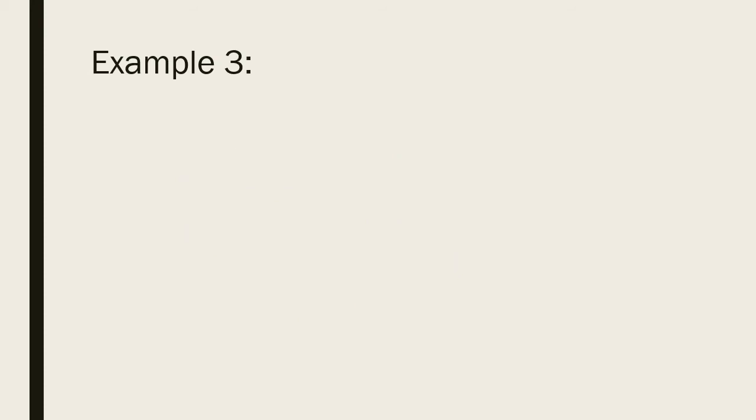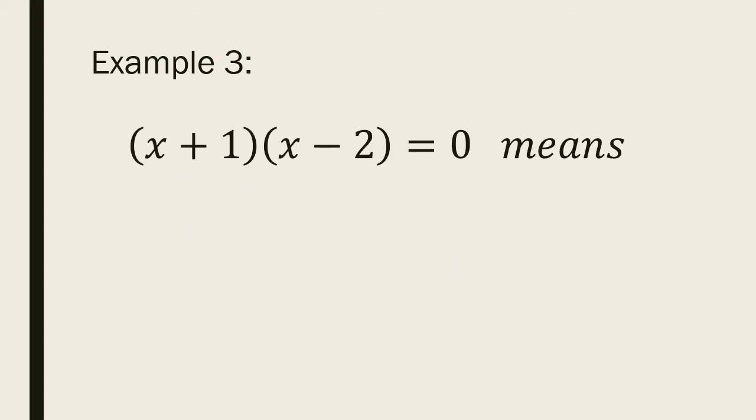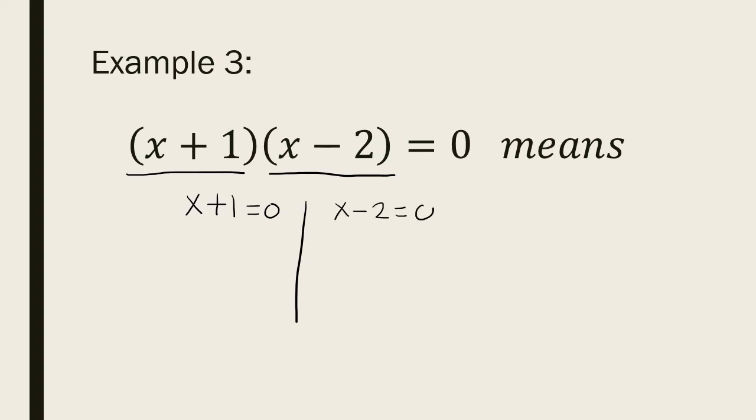Now let's take a look at this example where we have x plus 1 times x minus 2 equals 0. Again, we have two factors, x plus 1 and a second factor, x minus 2, and their product is 0. Based on the zero product property, this means that either the first factor, x plus 1, is equal to 0, or the second factor, which is x minus 2, equal to 0.